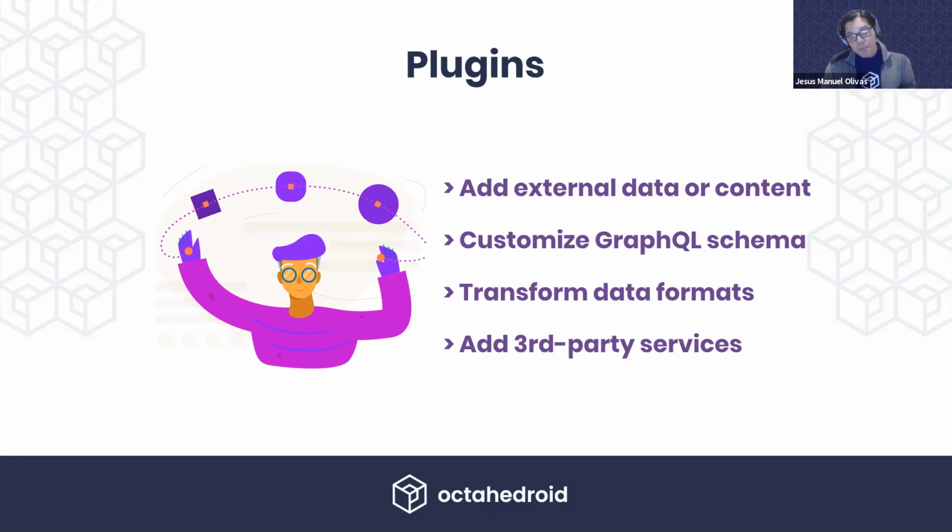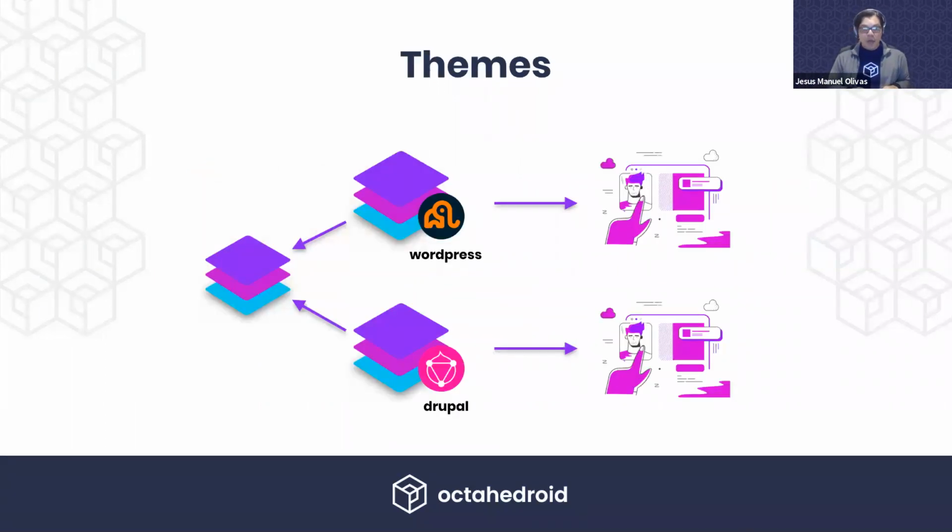And you will see a lot of similar things between Gatsby and Drupal and WordPress. Even though Gatsby may be thought of as a static site generator, it allows you to do a lot of things as a CMS, like fetch data from different sources, transform data, extend your page.